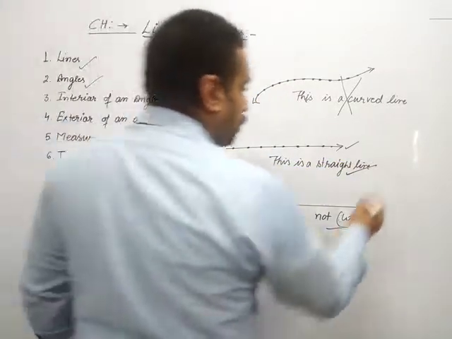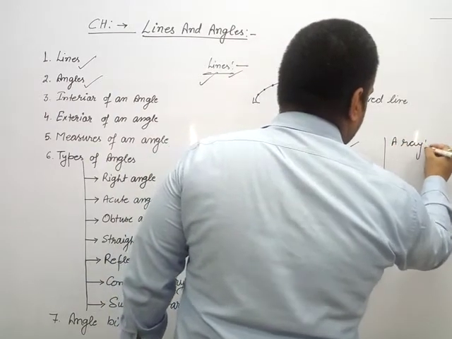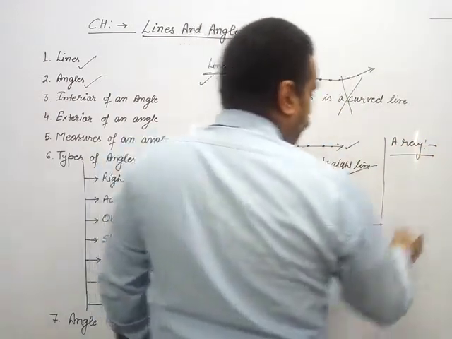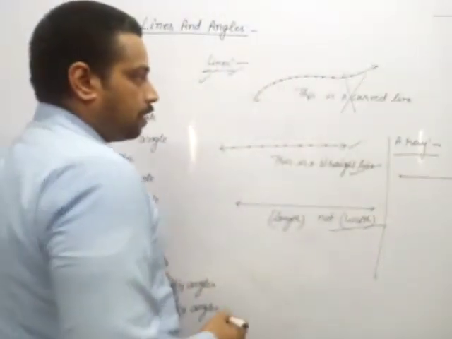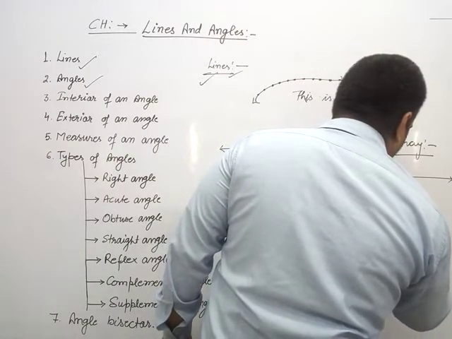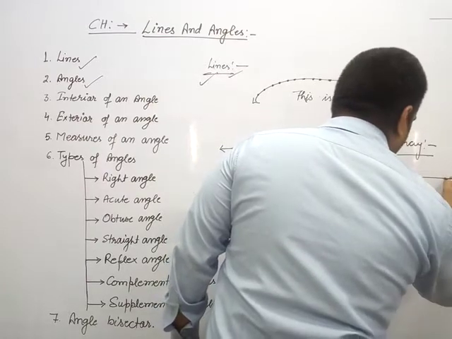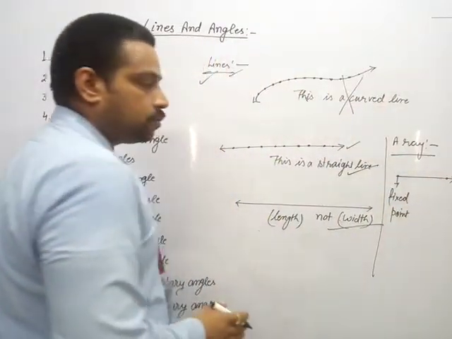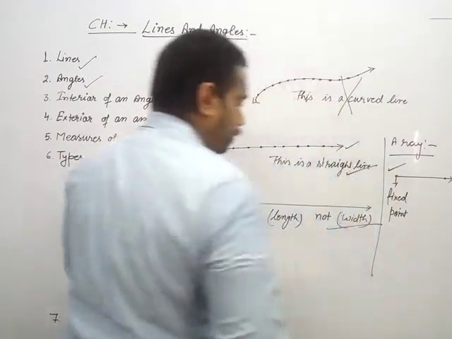I'm going to explain a ray. When a line has one fixed point, and the other point is extendable in one direction, then this is called a ray.